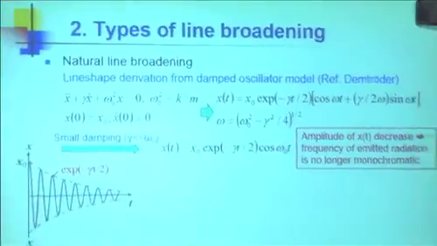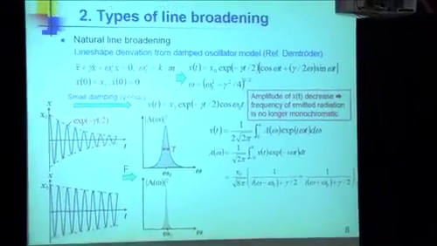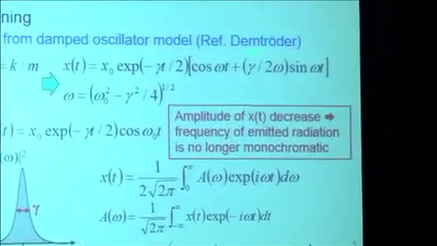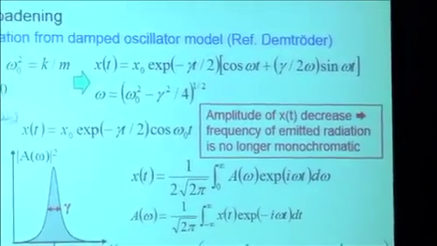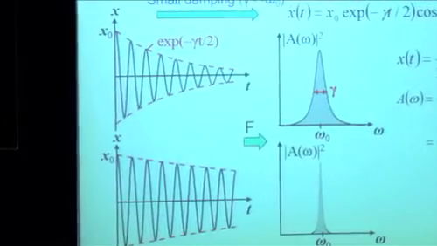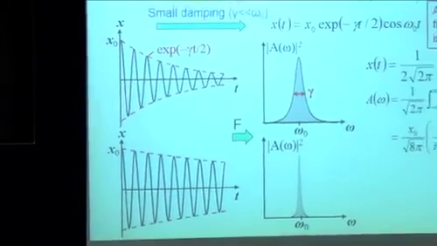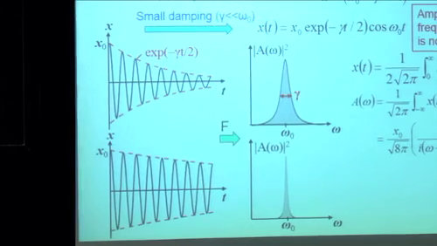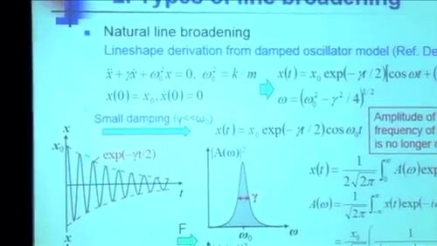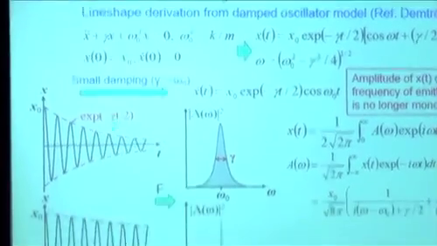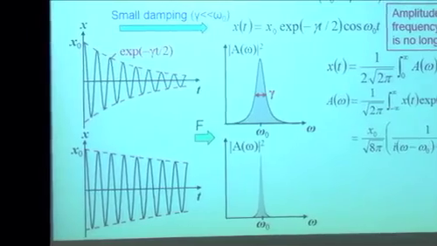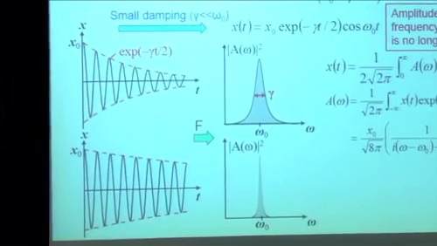So I'm going to just show you this slide here. It's in my notes. If you want to really follow this, the reference I suggest is the book by Demtroder. And so this is an oscillator. It's a vibrating, oscillating molecule, and it's damped. This is the differential equation for that behavior, and there's a damping constant gamma. If you have a big value of gamma, it damps faster, and that damping is related to the lifetime.